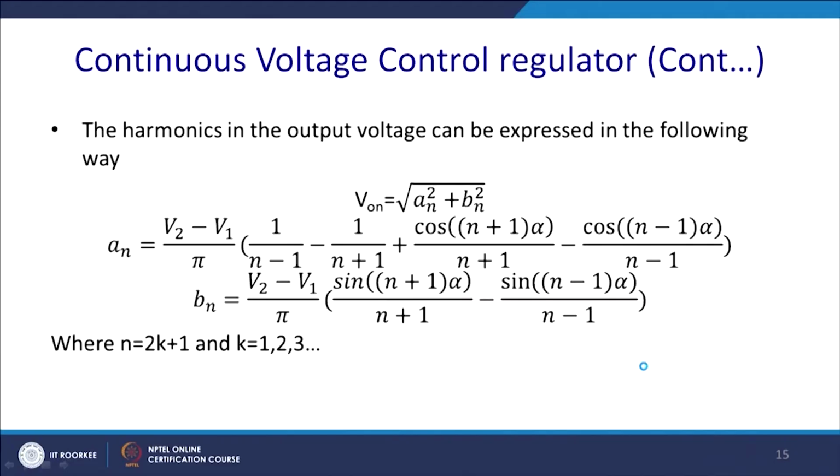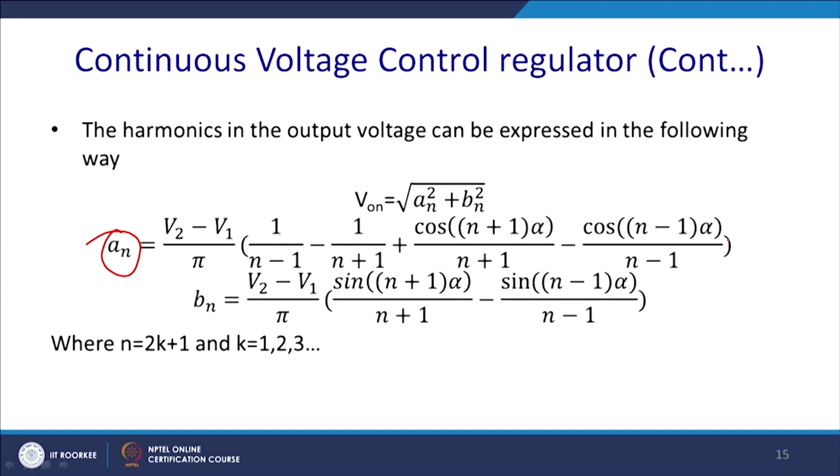The harmonics of the output voltage we can represent in the following way. This is AN. So, AN will be V2 minus V1 by pi, times 1 by n minus 1 minus 1 by n plus 1, plus cos of n plus 1 alpha by n plus 1 and n minus 1.